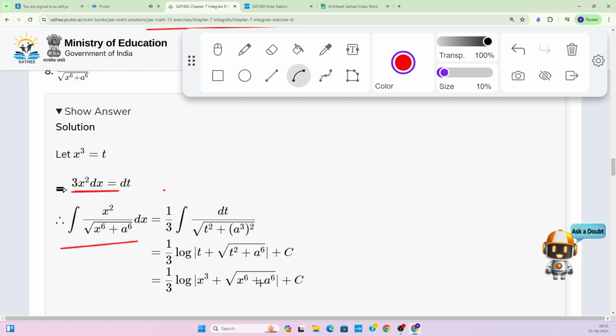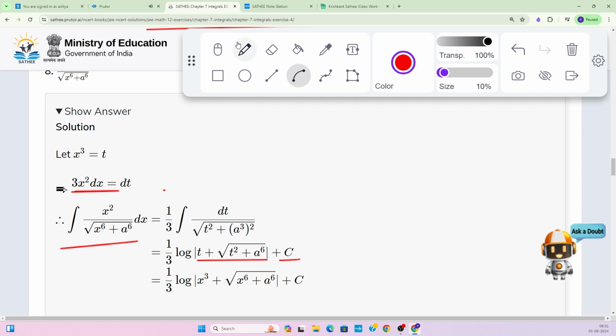So this is the form of integration of 1 by root of t square plus a square. So you will have what? Log of t plus root of t square plus a square plus some constant.